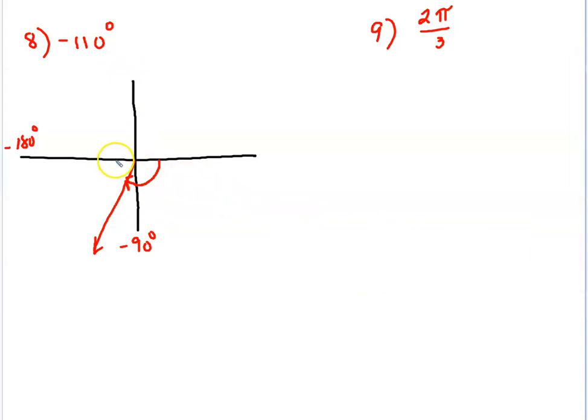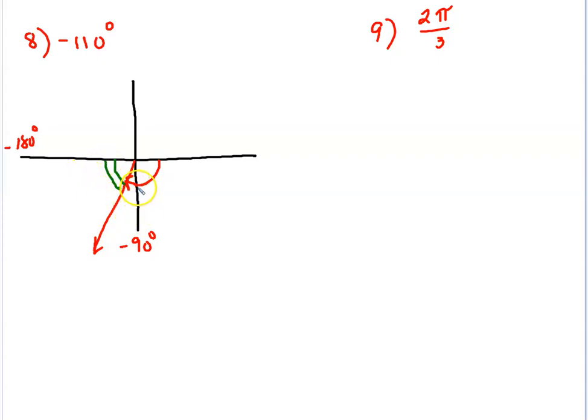Okay, so that's negative 110, and then in green, I'm going to show the reference angle. Reference angles are always made between the x-axis, which is here, and the terminal side of an angle. Reference angles are always between 0 and 90 degrees, okay? The mistake a lot of people make is they try to make reference angles between the terminal side and the y-axis. They're never made with the y-axis. They're always made with the x.